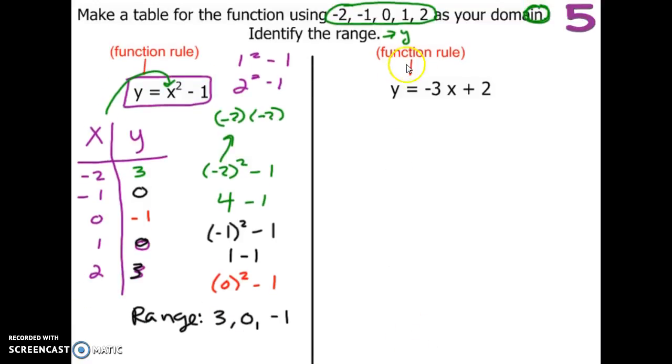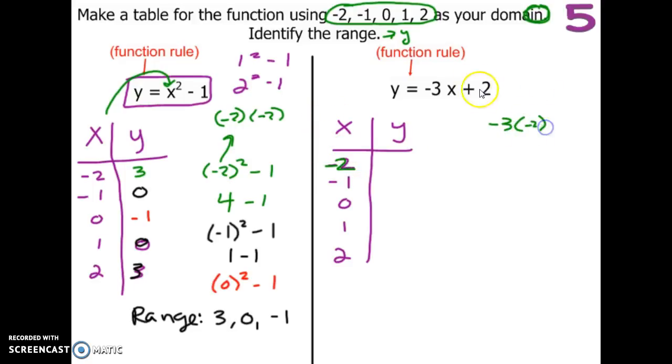Let's try the same thing over here. Make an xy table, plugging in negative 2, negative 1, 0, 1, and 2. First, it says negative 3 times x, and my first x over here is negative 2. And then we're going to add 2.